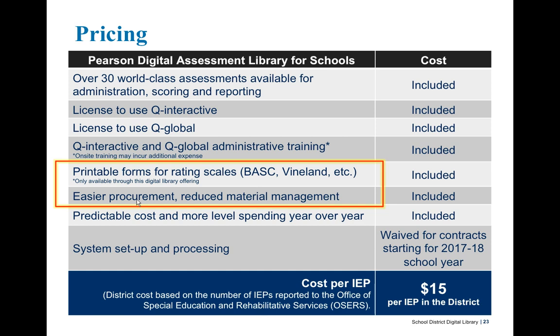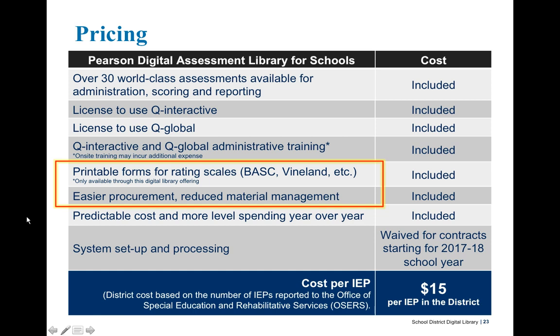And of course, inherent throughout all of this is easier procurement and reduced material management. This era of ongoing management of different licenses for different tests expiring at different times of the year and trying to keep all these buckets filled with usages and subtests is really something that is a thing of the past with the digital library.